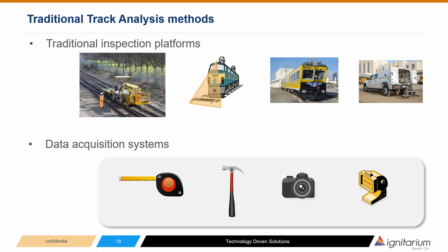Coming to the data acquisition systems, it could be as simple as a human using a measuring tape to check rail gauge, or using a hammer on a rail to listen to potentially telltale audio feedback. More automated systems include mounting RGB or perhaps even RGBD cameras or laser or X-ray scanners to the platforms that we talked about above.